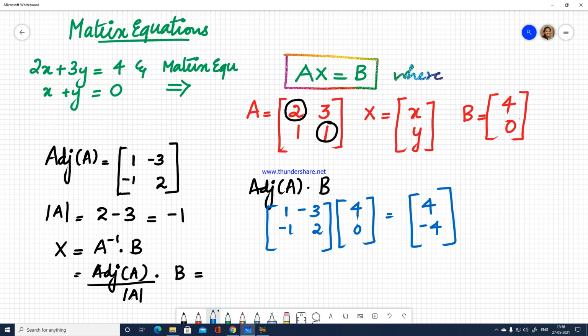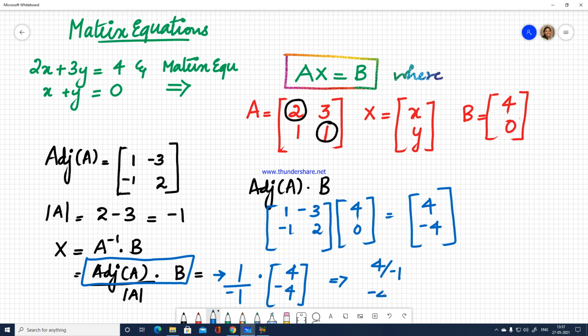Now we have to divide by the determinant of A, which gives 1 by minus 1 into 4, minus 4. That is 4 by minus 1 and minus 4 by minus 1, so we get minus 4 and positive 4.